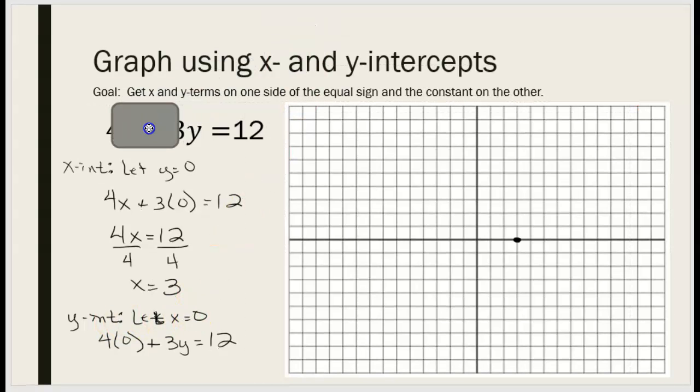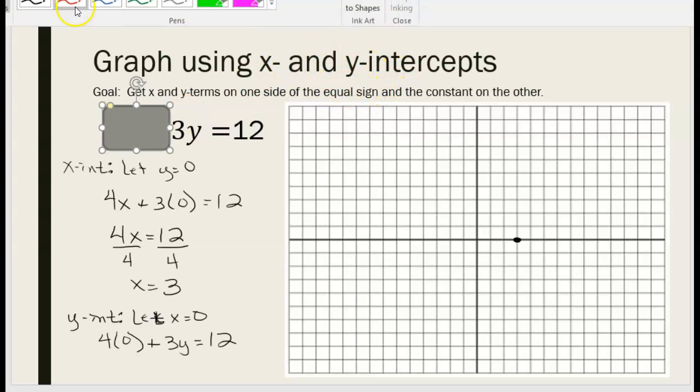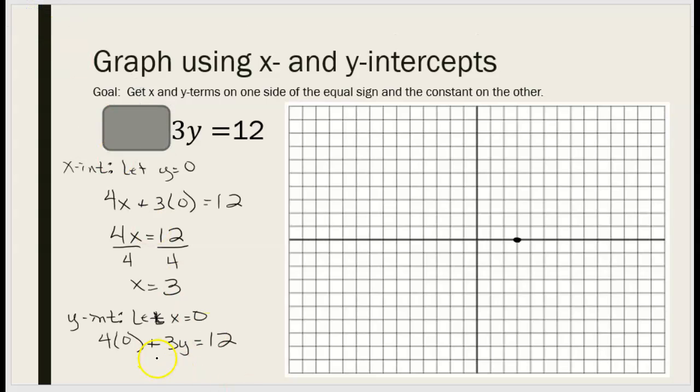So as far as that quote-unquote cover-up method, I could just cover up the x term of my equation and solve this equation, because 4 times 0 here is 0, it turns into 3y equals 12, which is what you get up here. So when you can recognize that all we have to do is either cover up the x term when we're looking for the y-intercept, or cover up the y term when we're looking for the x-intercept, it just makes it a little bit more of a shortcut.